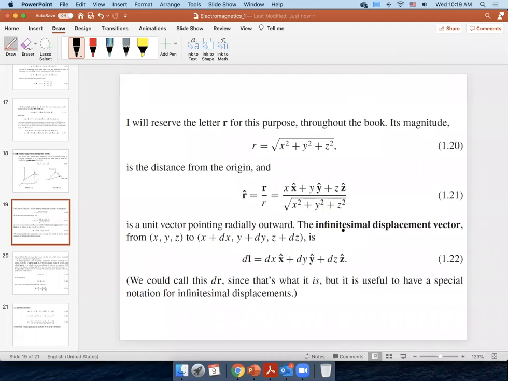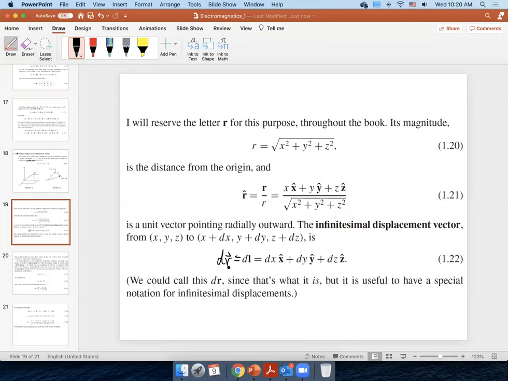And the infinitesimal displacement vector from x, y, z to x plus dx, y plus dy, z plus dz could be described by dl equals dx times the x direction, dy times the y direction, dz times the z direction. Of course, we can use dr because this is infinitesimal for r.